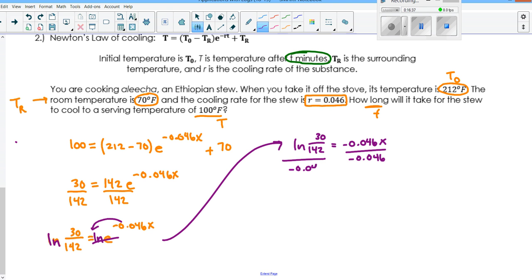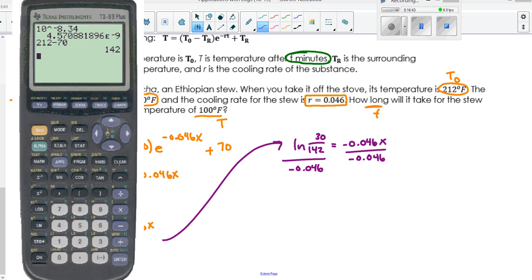You can see at this point I haven't really used my calculator for anything substantial besides just subtraction. But now I do. Alright, so we have this. It gives us that. Notice it gives us a negative, which is why it's very key that we are dividing by a negative. Otherwise we'd get a negative time.